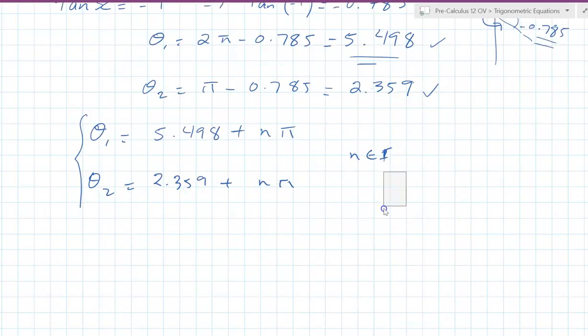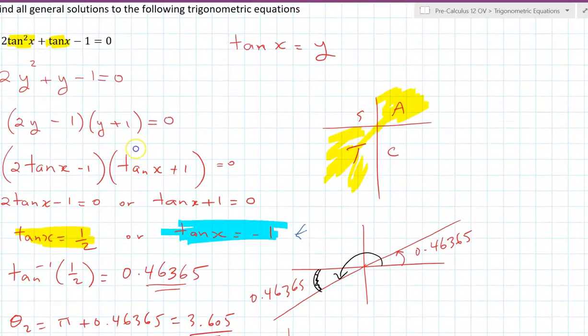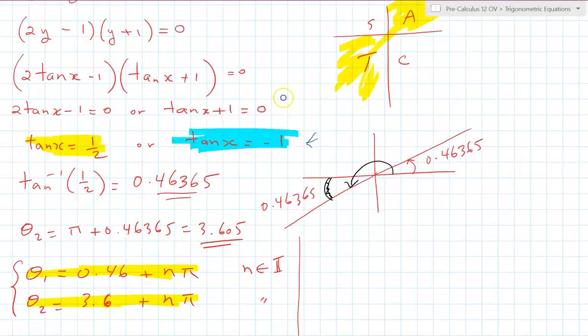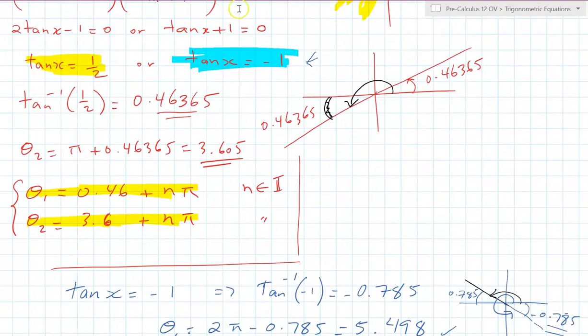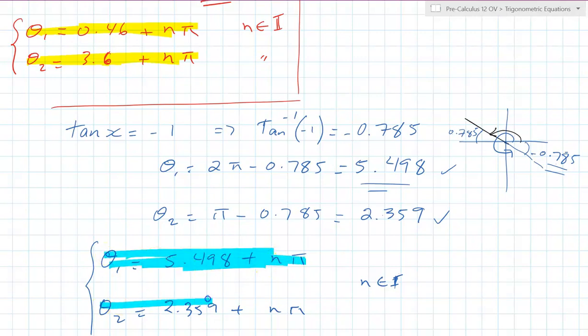So how many solutions did the original equation that we started with have? We had 2 solutions for the first equation, tan of x equals a half. This is the first two, and then the other 2 are down here. To make sure that you understand, there are 4 possible solutions to this equation. Excellent.